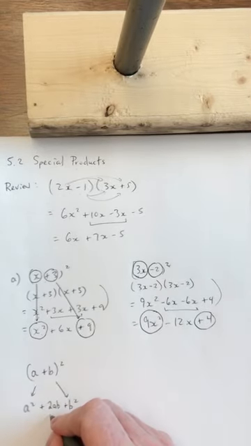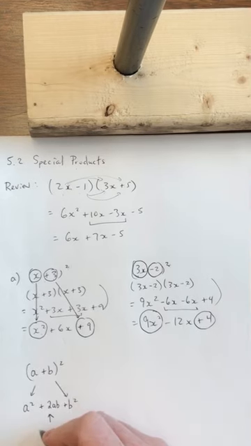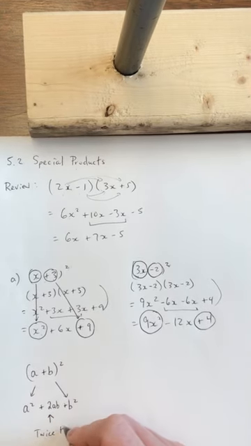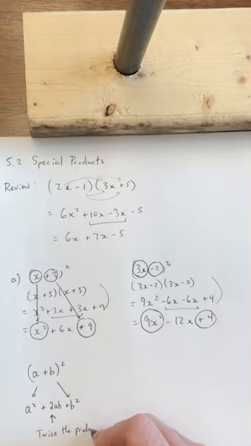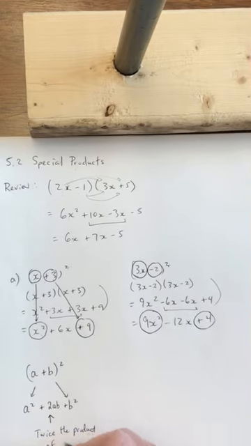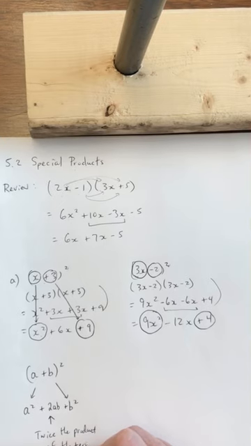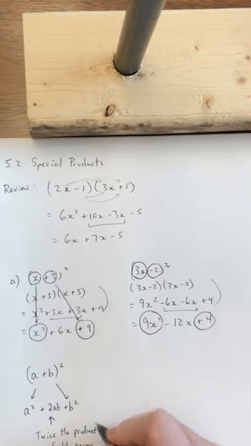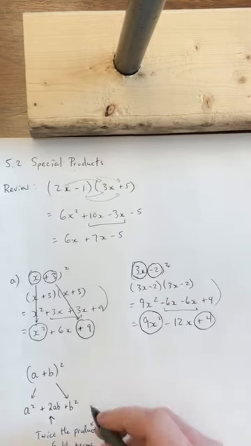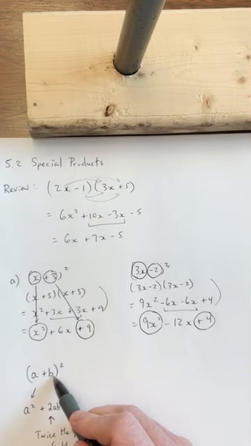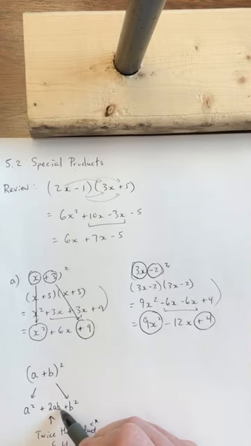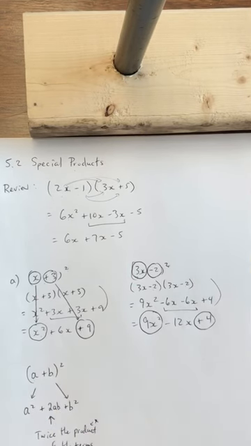The middle term here is twice the product of the terms. Product just means times. So what I did was I took a and b and multiplied them together, a times b, and since it's twice that, I doubled it.